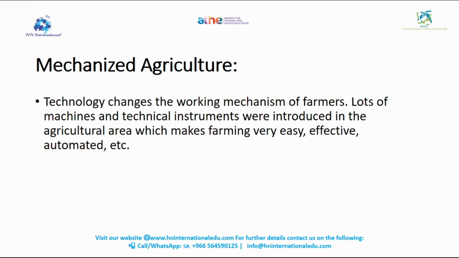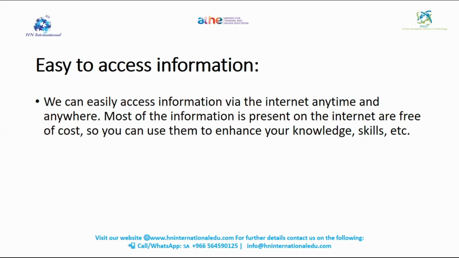There are a lot of things that you are simply doing with the help of machines that are based on technology, and in this field, technology has made everything very easy for the farmers, because before, farming was a very difficult thing and people were facing lots of difficulties while they were doing everything by hand.